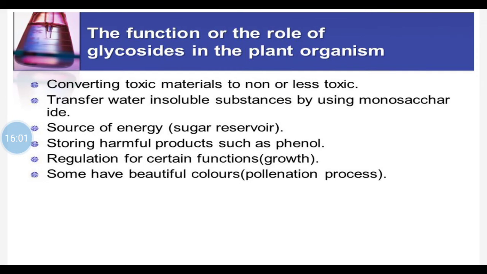Now, the other part is the functions of glycosides, or we can say what is the role of glycosides in the plant organism. This helps to convert toxic material to less toxic. Toxic means harmful. So whatever harmful material is there becomes less harmful. Here, glycosides play an important role in the plant.